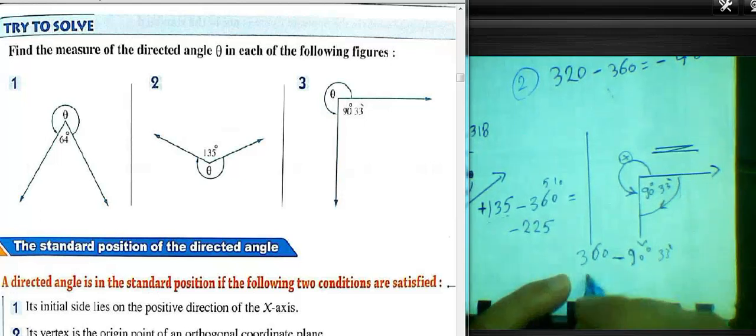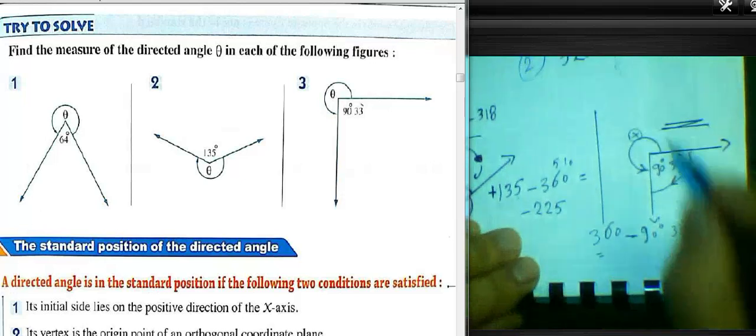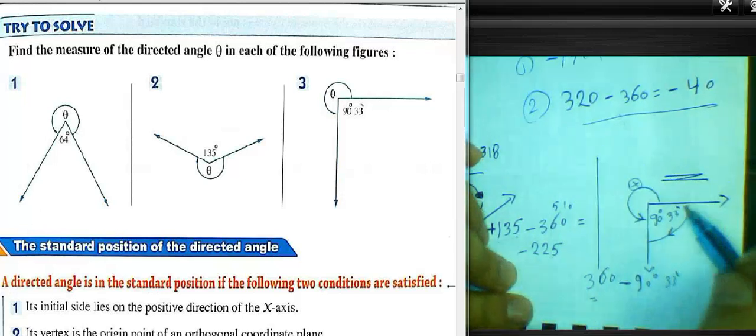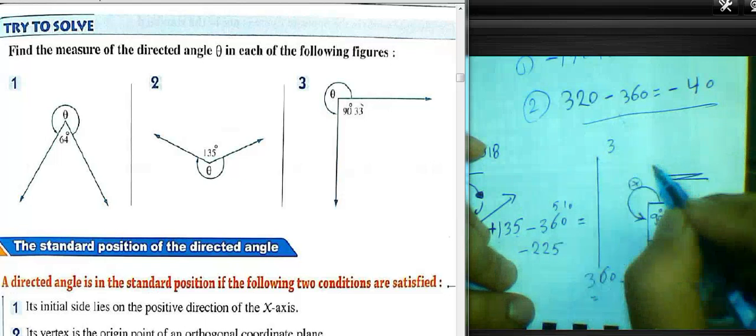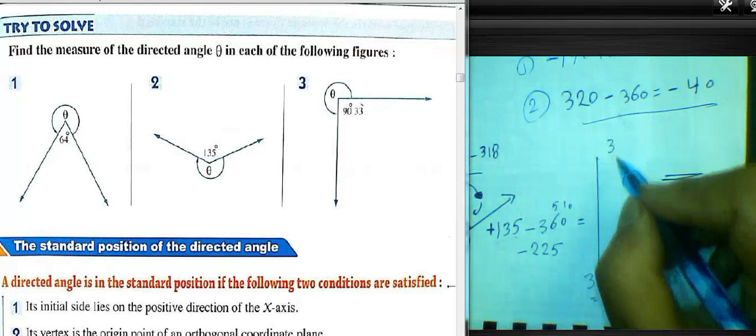We can find the result here by your calculator or by your mind.